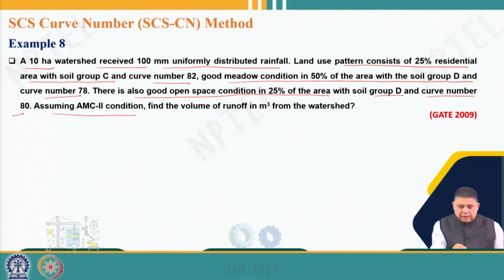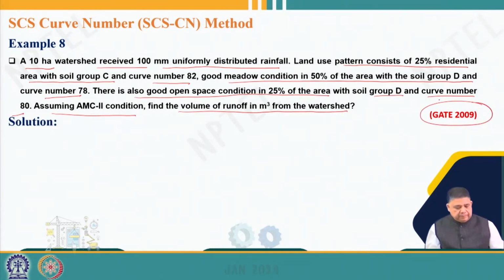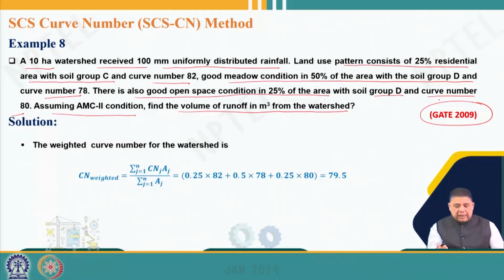Assuming AMC2 condition, find the volume of runoff in cubic meters from the watershed. This question has been taken from GATE 2009.